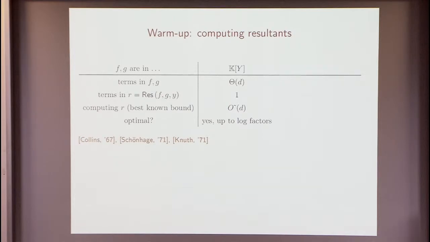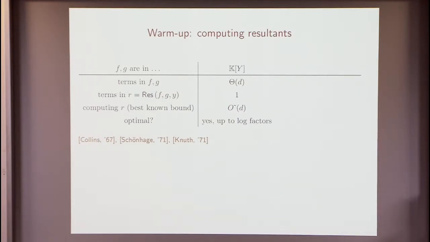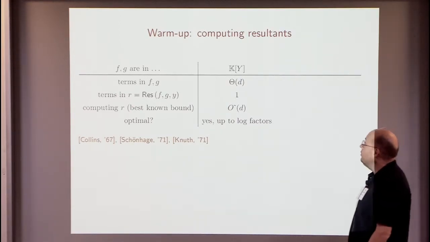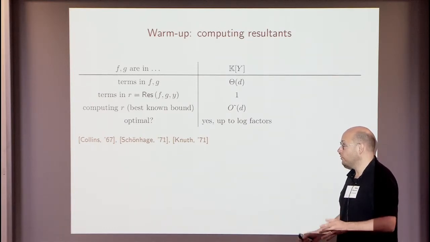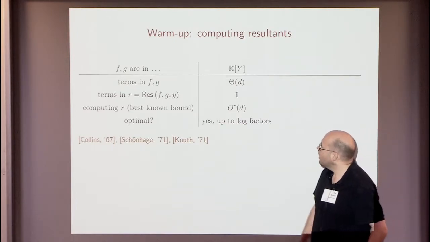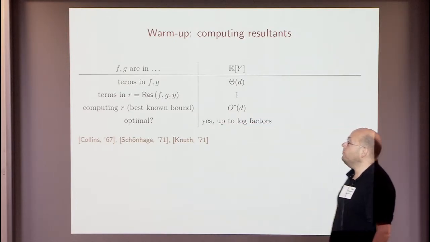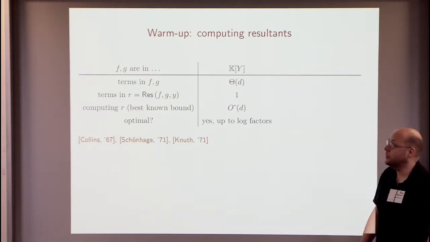So before actually solving systems, I'm going to look at something which is rather close, not quite the same, but well, if you can do that, you're almost done, which is computing resultants. And these simple resultants, the Sylvester resultants of two equations in a couple of variables. So I'm starting with the simplest case. I'm given f and g in variable y over a field k, degree d both.